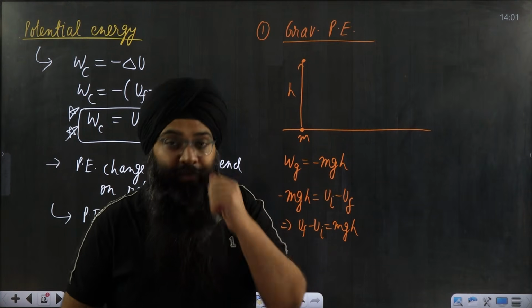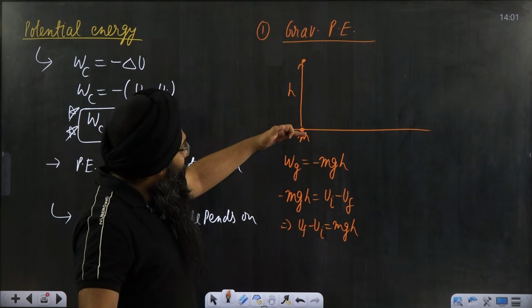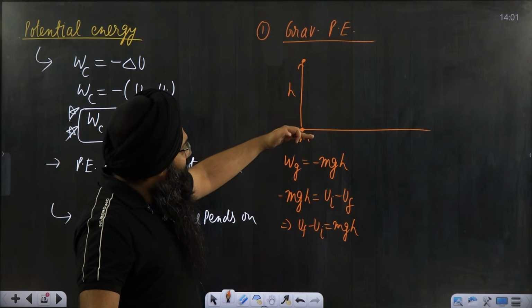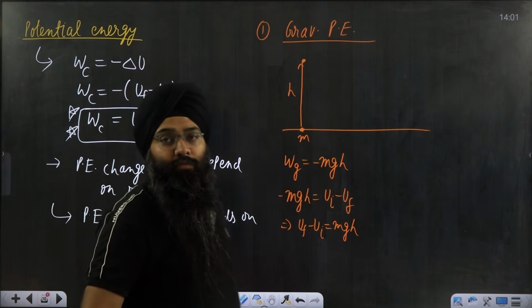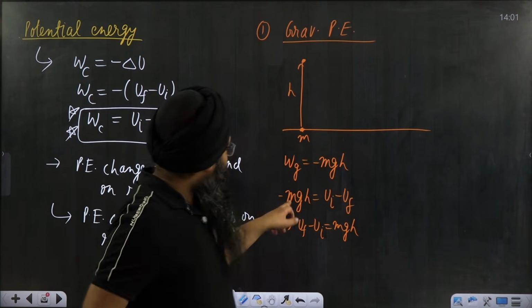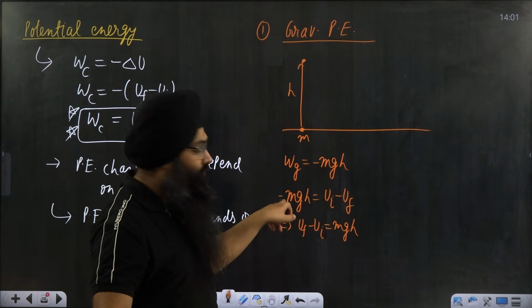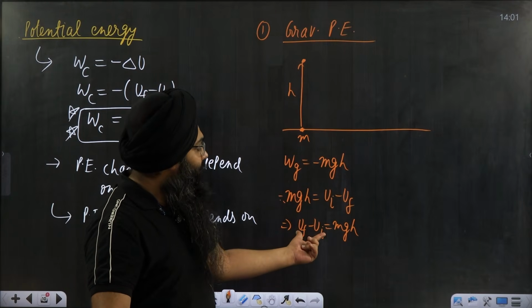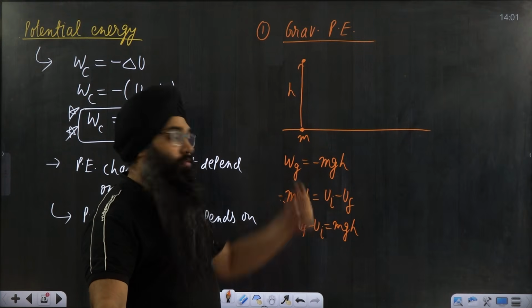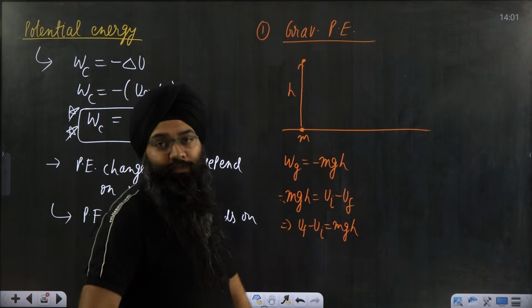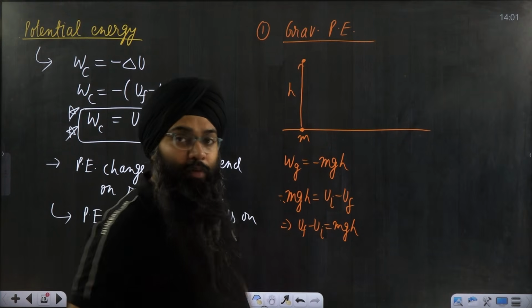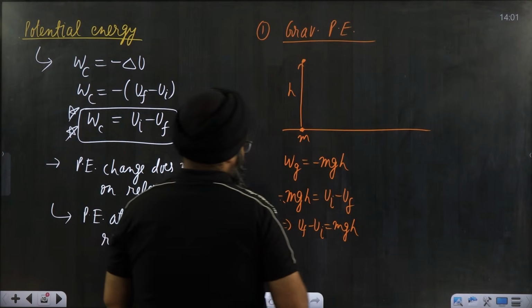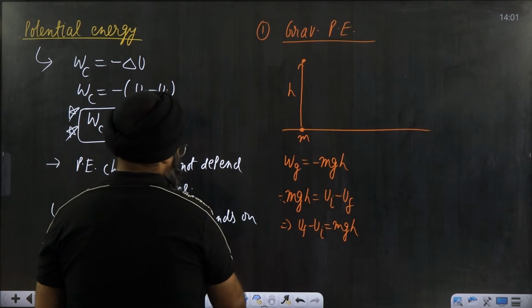If any particle or system is taken against the conservative force, that means the work done by that conservative force is negative. Then always remember, the potential energy of that system will increase. U final will be more than U initial. U final minus U initial will be positive. I hope this is clear to you.